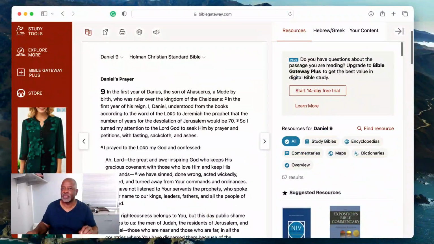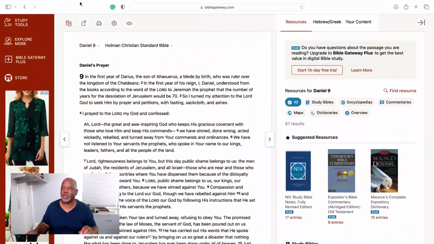So I'll say this and then close it out. Remember, as a timeline, Jeremiah shows up around the kingdom of, well, I can do it this way.